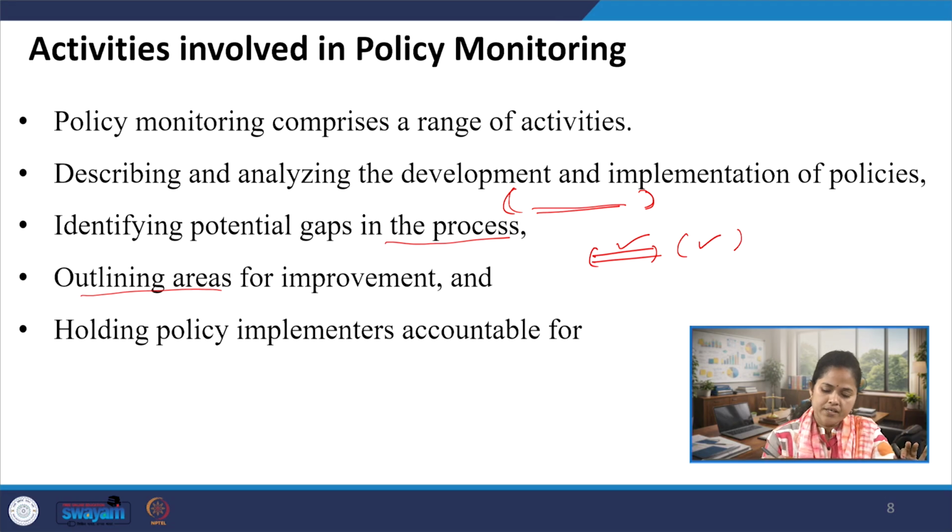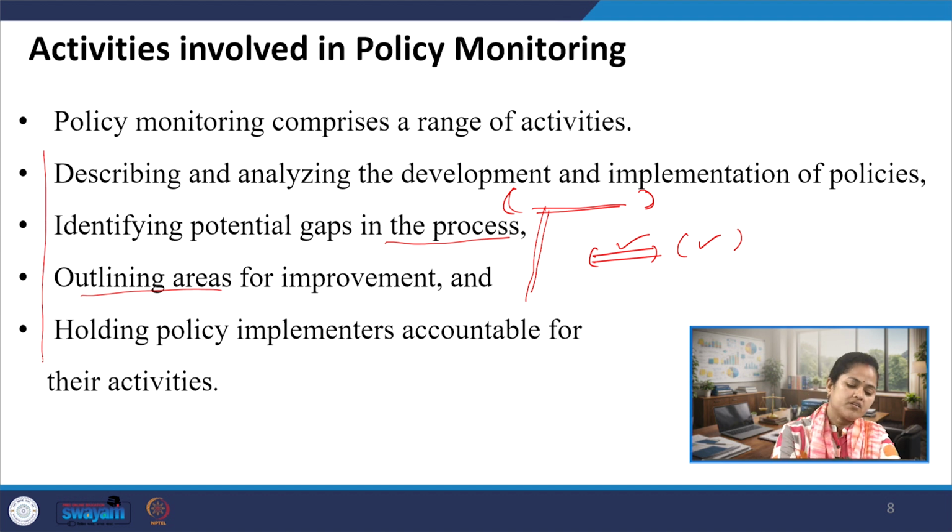Given that these are the activities that should be carried out by the policy monitors, once all these activities are done, the implementers should be accountable for them. That means holding the policy implementers accountable for the range of activities that we are discussing right now.